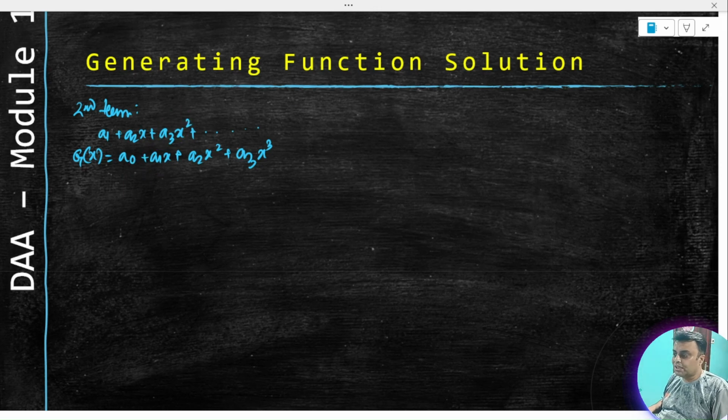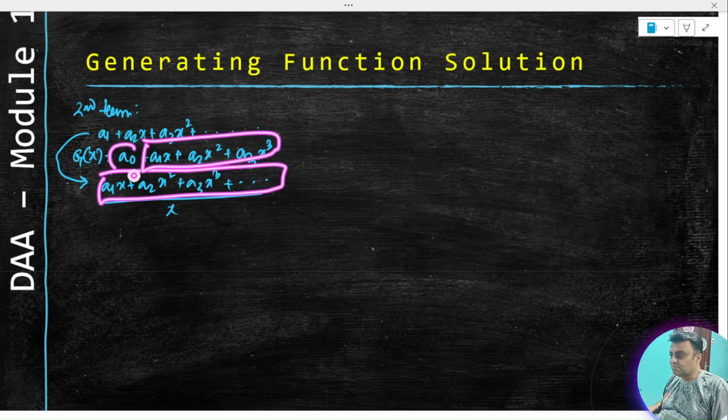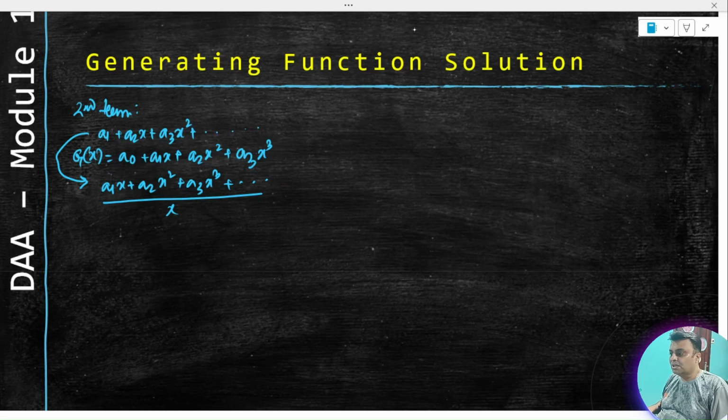So of course you realize now that you have to multiply the second term by x. When you multiply, this becomes a1x, a2x square, a3x cube dot dot dot, and you have to also divide by x in order to keep it the same. When you compare this with g(x), you see that this part is the same, but you have to eliminate this a0, take it to the left side.